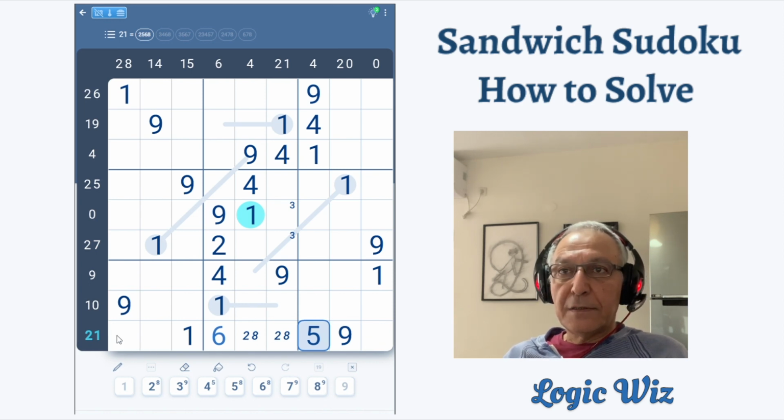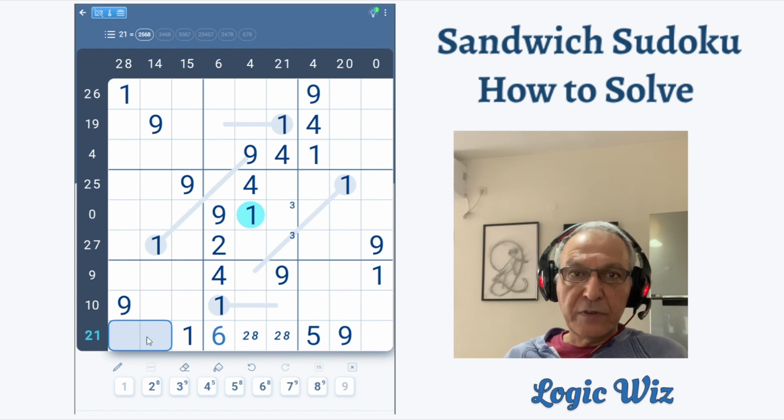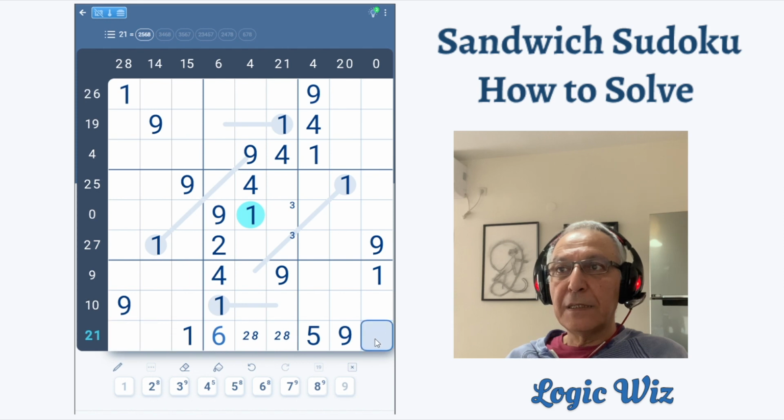Now in this row, the remaining digits are 3, 4, and 7. 3 and 4 cannot be here because they are consecutive. So we know that 7 must be here, and in this cell we can have only 3 and 4. So I'm going to mark 3 and 4 here, and in those two cells we have 3, 4, and 7.